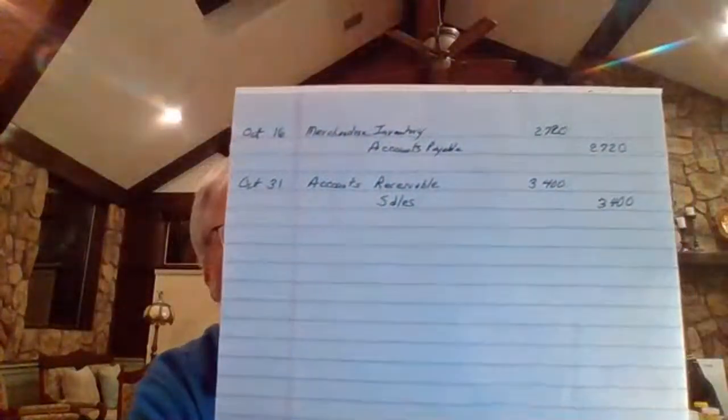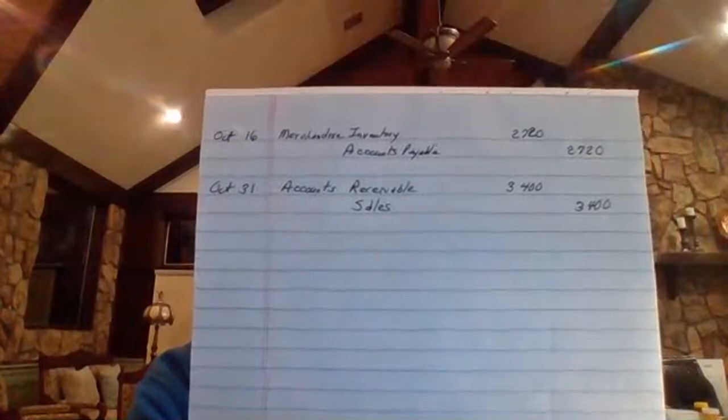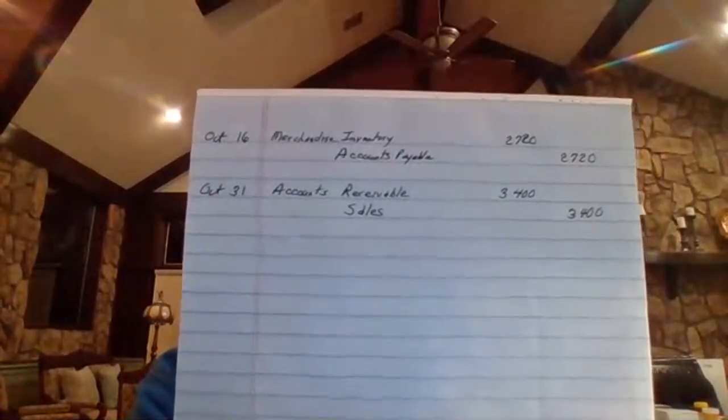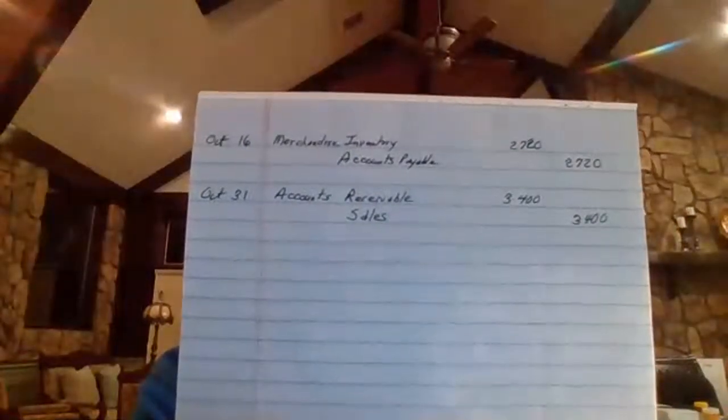And they told us that we sold 34 bicycles at $100 a piece. That would be $3,400. And the offsetting credit would be to sales. Okay, so there's the entry to record the sale, a debit to accounts receivable, and a credit to sales, $3,400 respectively.